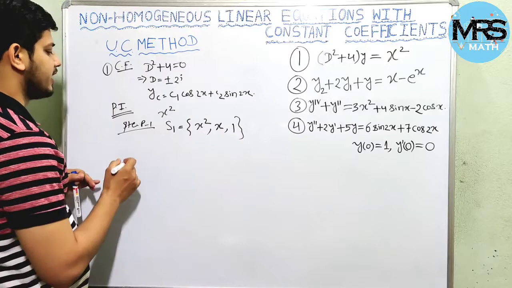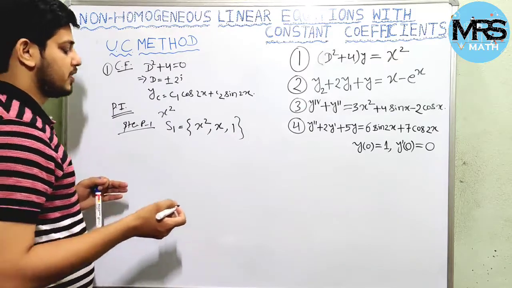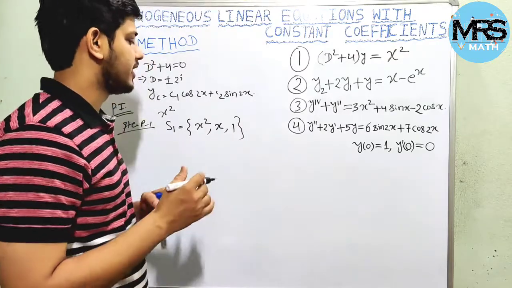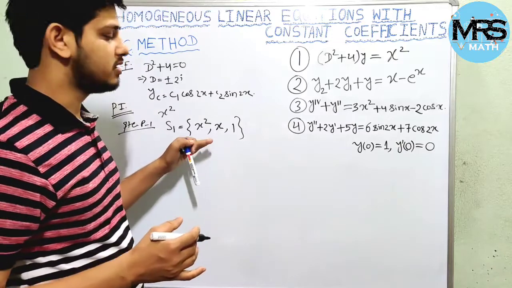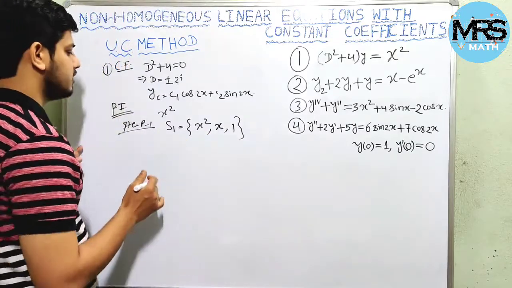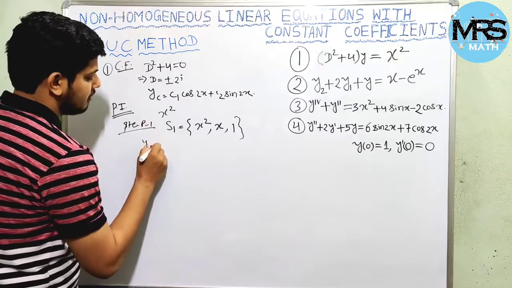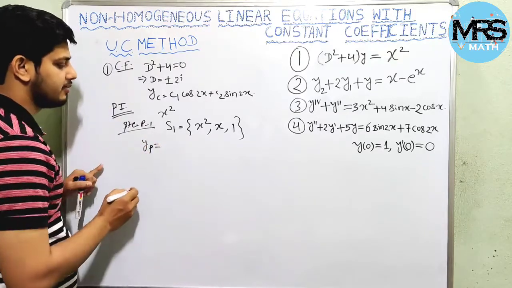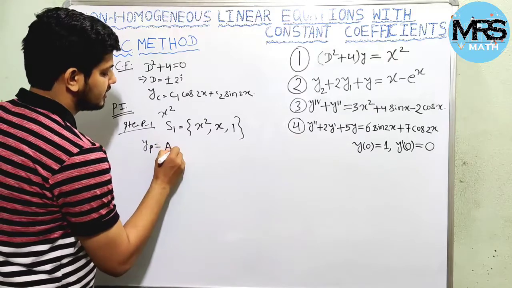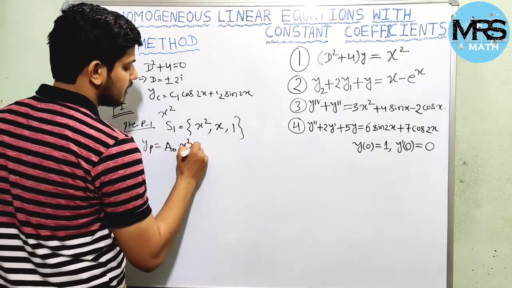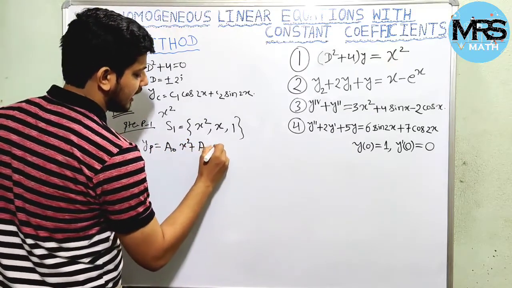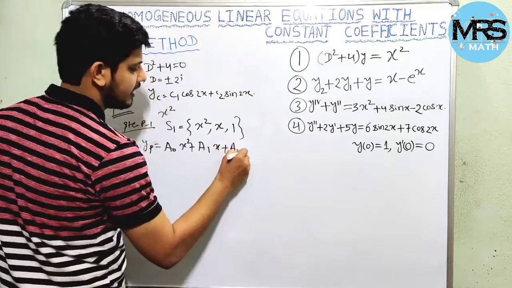To find the particular integral, we have to take the linear combination of the functions of this set. We will assume that yp is a0 x square plus a1 x plus a2.